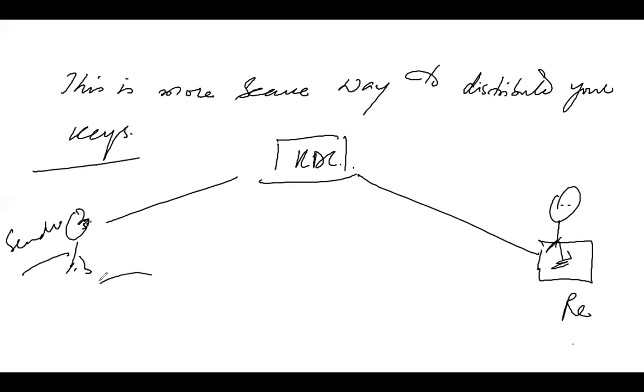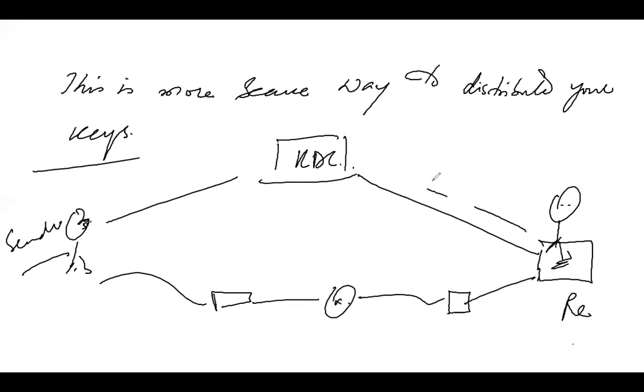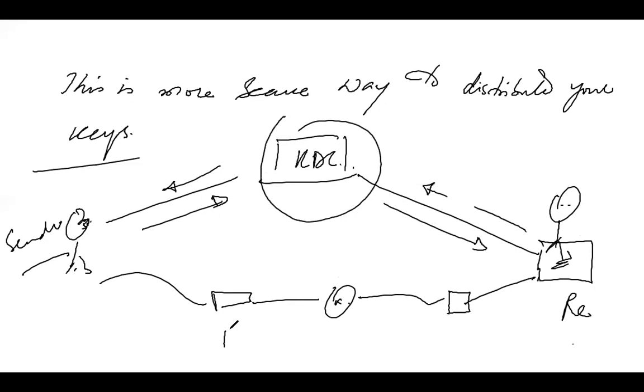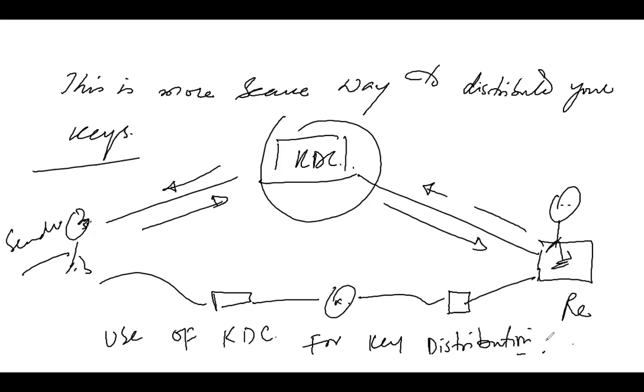So look at this, your own communication channel is this one, and you are using the KDC, that is another channel, for key distribution.